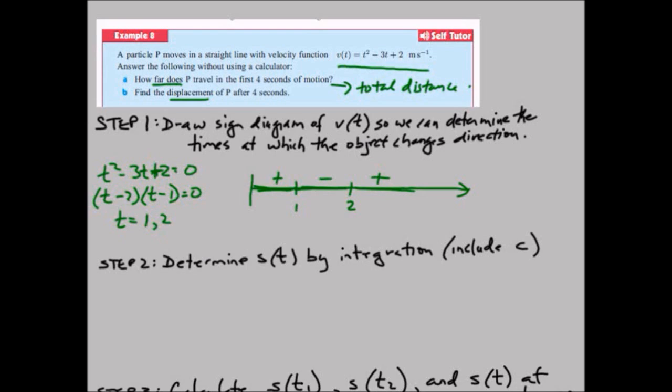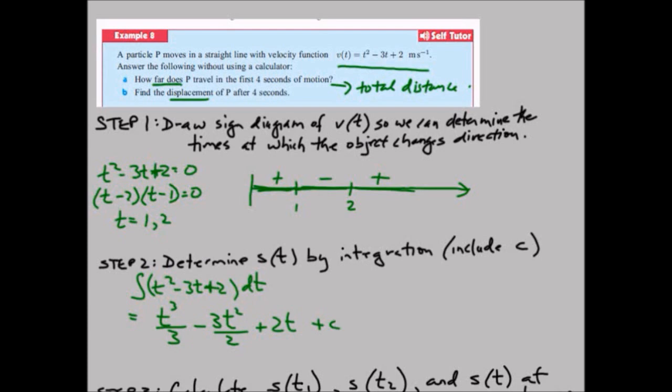Step 2, determine s of t by integration and include the constant of integration. Okay, so integration of this with respect to t, because that's the variable we're using. Increase the exponent and divide, increase the exponent and divide, increase the exponent, and plus c.